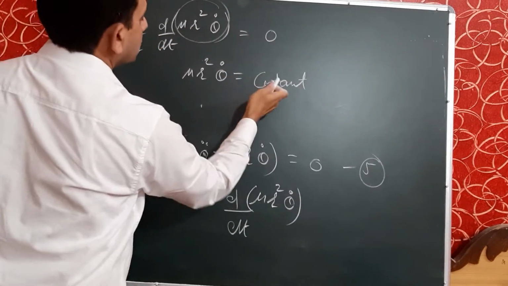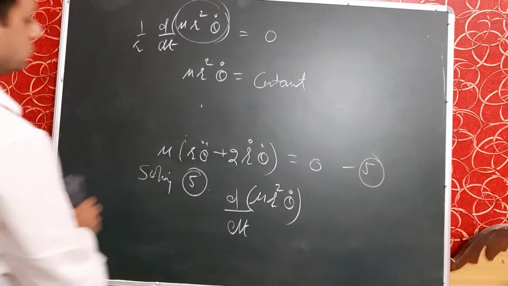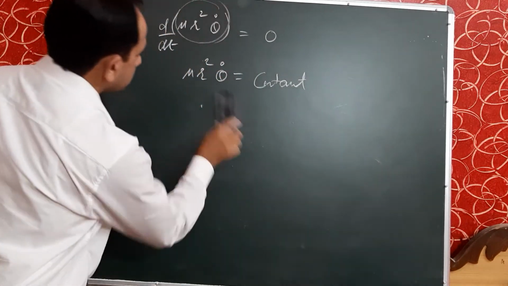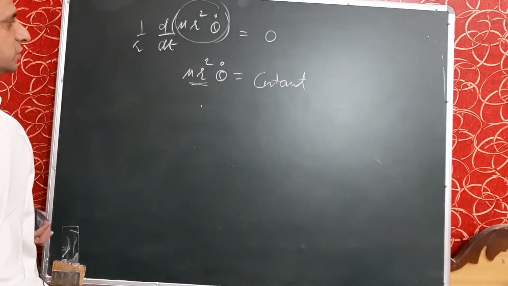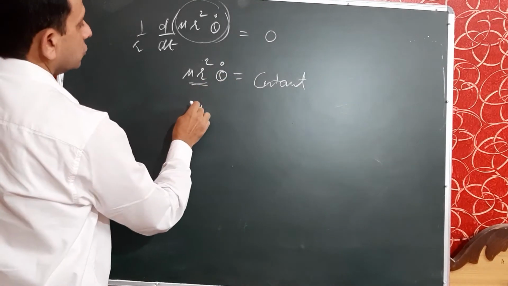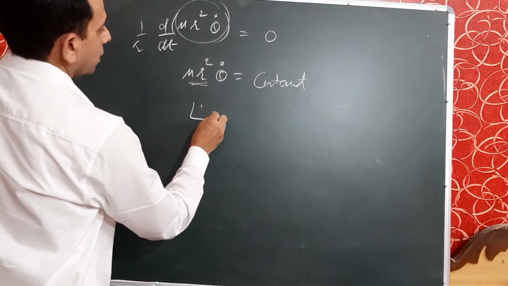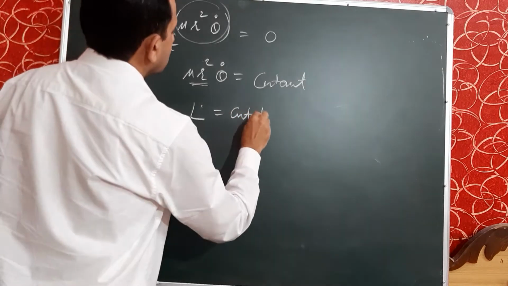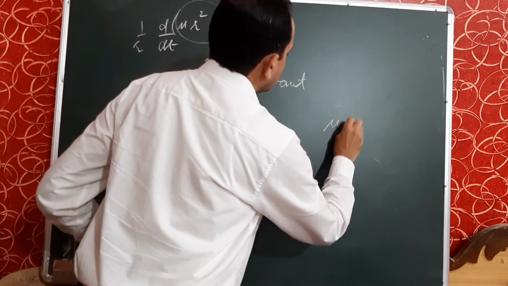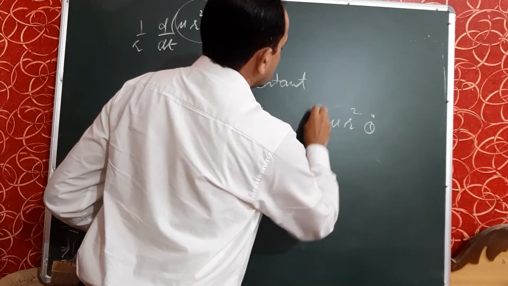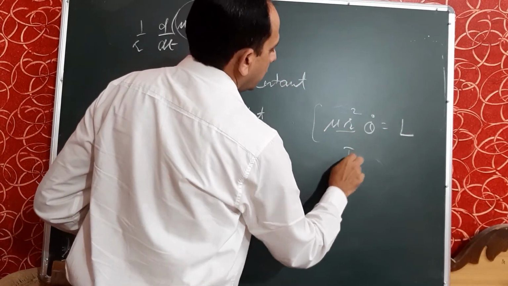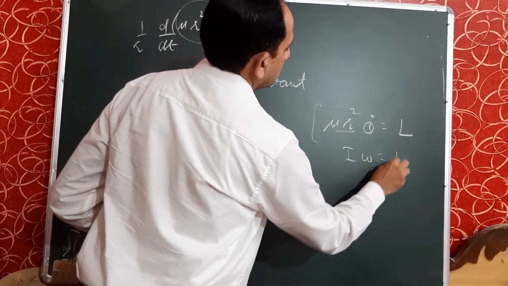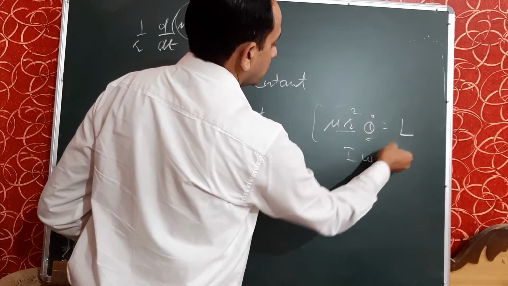What is this term? It is mu r square, that is moment of inertia I, into theta dot, which means omega. So it is angular momentum L.